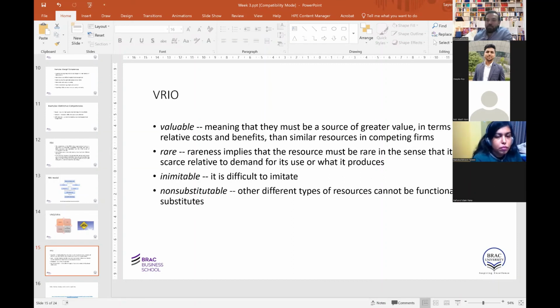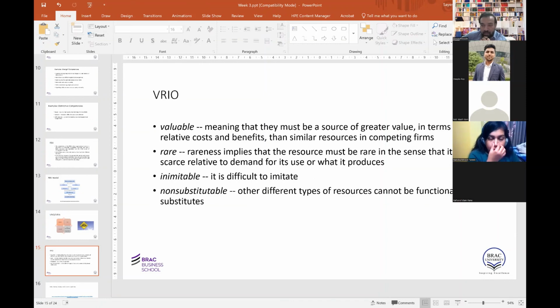We know that, connectivity wise, Grameenphone probably has better coverage compared to all the other brands currently operating, because they have been in the market for longer. So what they have that is rare is the robust network coverage, which is more than the other brands have. So something that has to be rare.